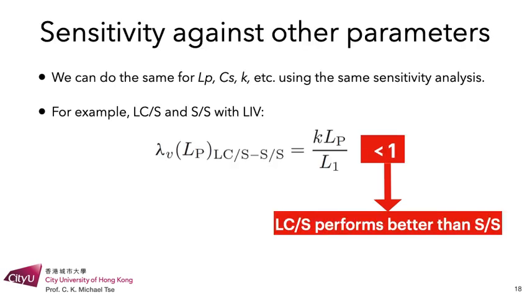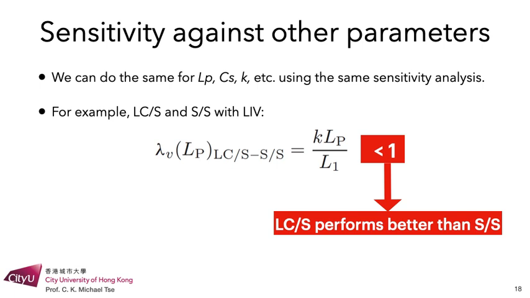Using the same sensitivity analysis, we are also able to compare the sensitivity of different topologies against other parameters such as the primary inductance, the secondary capacitor, and the coupling coefficient. So similarly, we are using exactly the same technique, but just comparing different parameters.